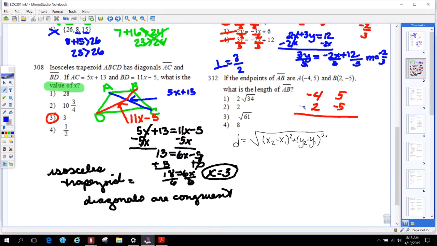If you subtract everything, so I'm going to subtract this and subtract this. -4 plus -2 gives me -6 squared. And then this becomes just adding, right? 5 plus 5 is 10. And then I do the math. So I've got 36 plus 100, which gives me 136.